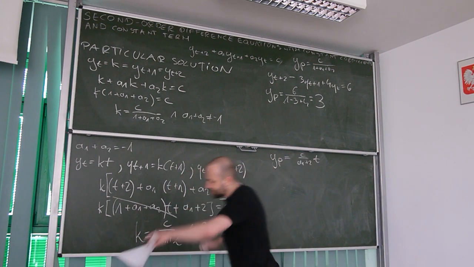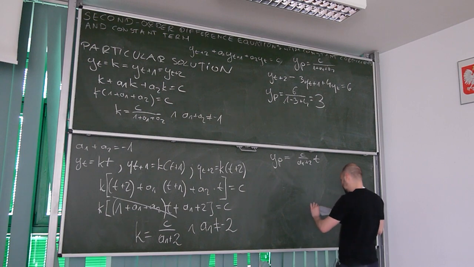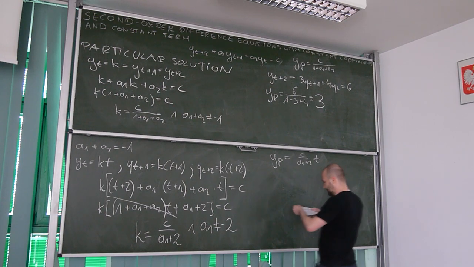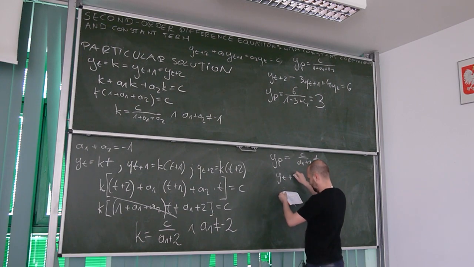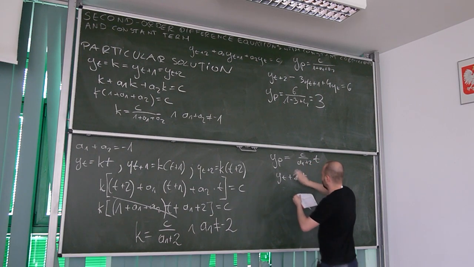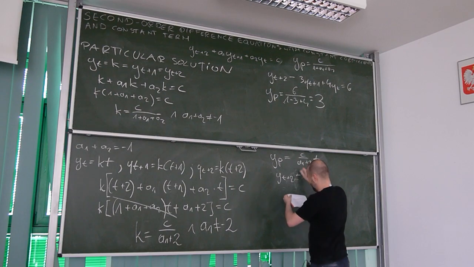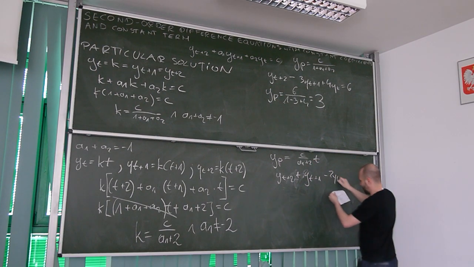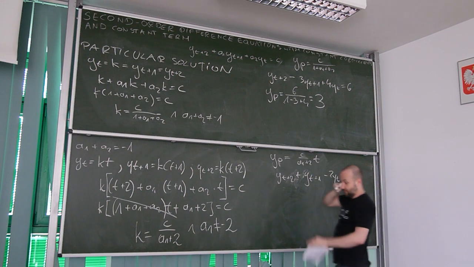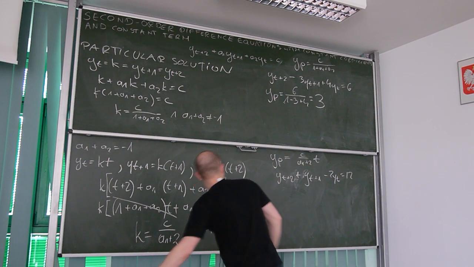Okay, let's make an example for this case. So we've got y_{t+2} + y_{t+1} - 2 y_t = 12. Well, let's first look at the coefficients.